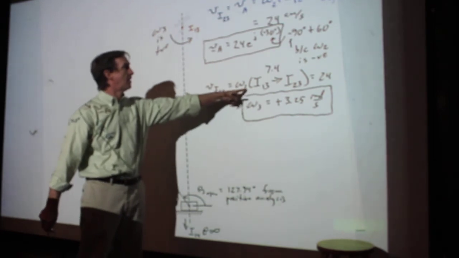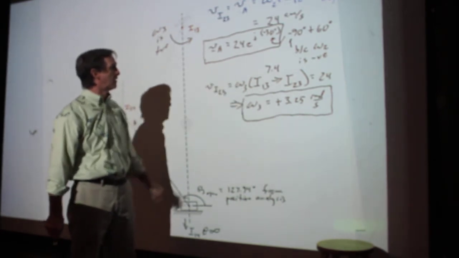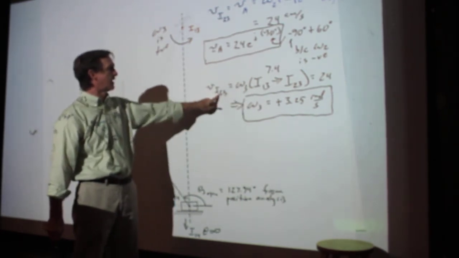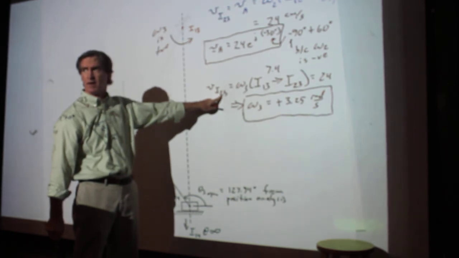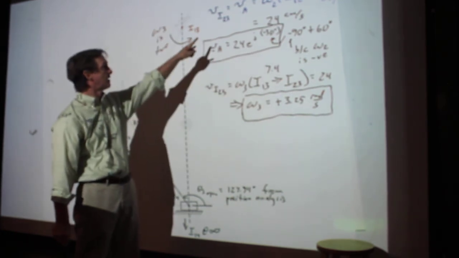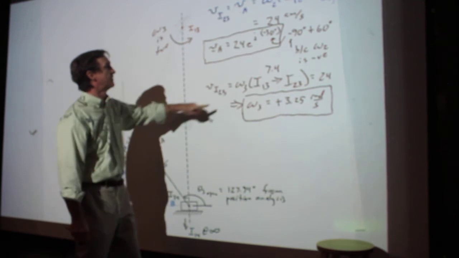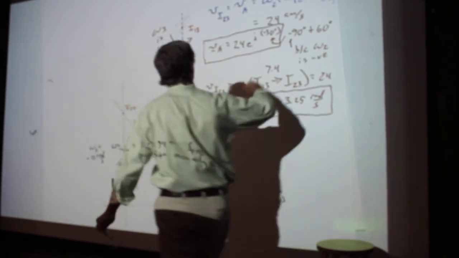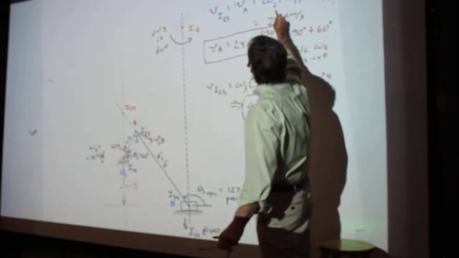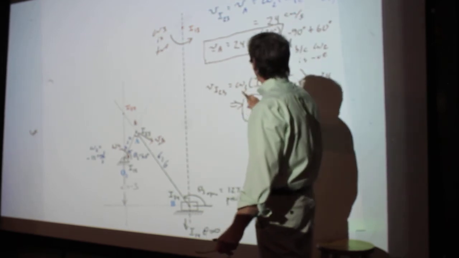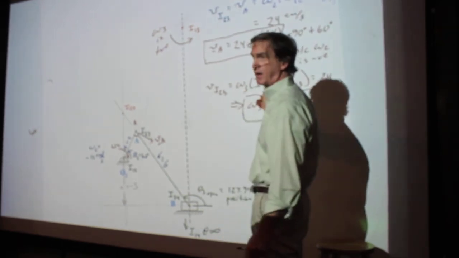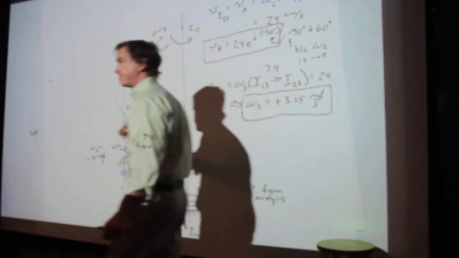No, it says velocity of I-13 equals, and then the one, this is I-23, that's what I meant, sorry. And then the one above it says the same thing. I know. Because you're able to write it in terms of omega-2 with I-12 or omega-3 with I-13. Oh, okay, I see. Okay?